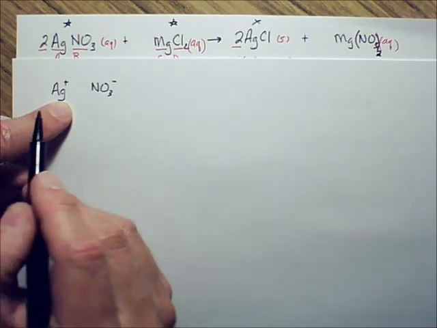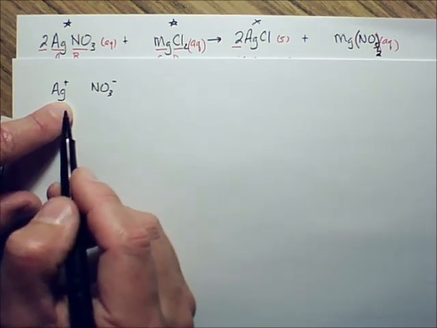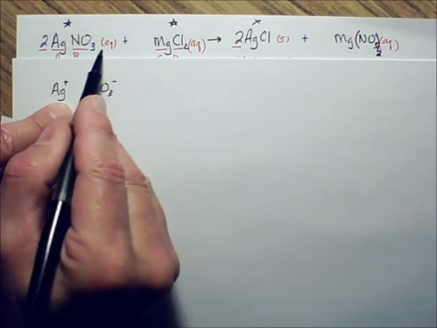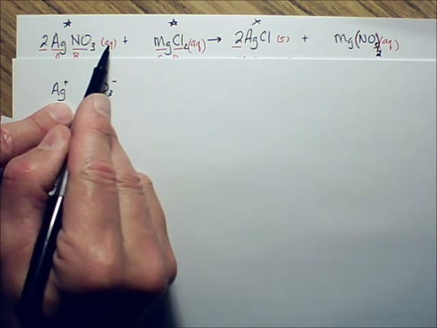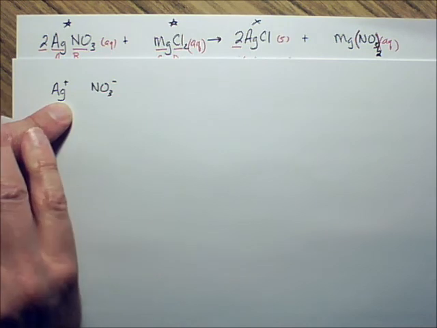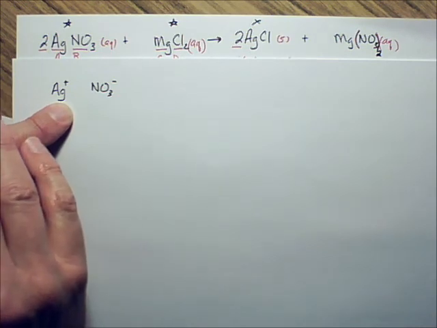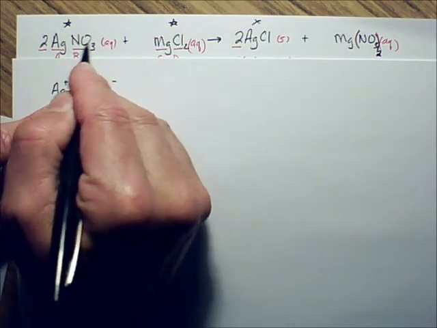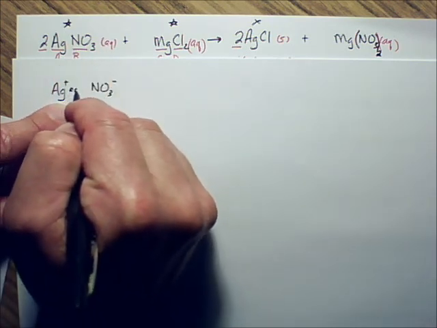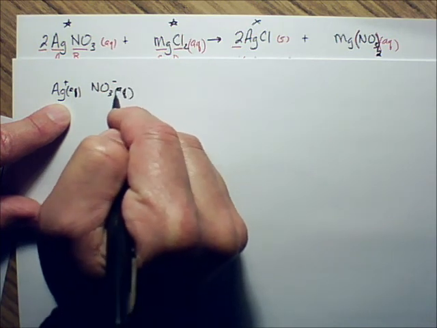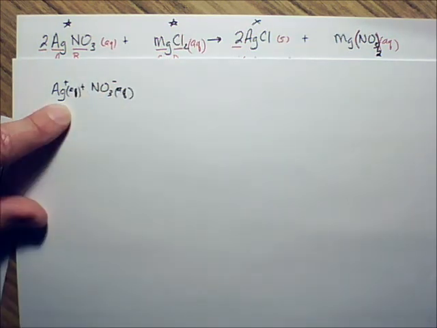If the physical state for the whole compound is aqueous, what physical state do I assign to the resulting ions when I break them up? No, sir. If the original compound is aqueous, then the resulting ions are also aqueous. Please remember that, okay?